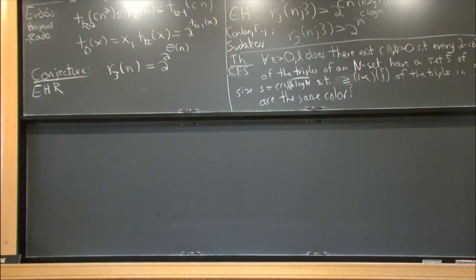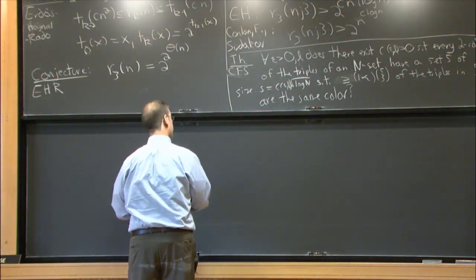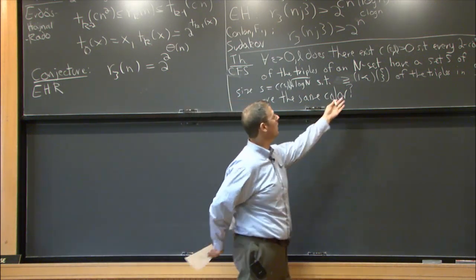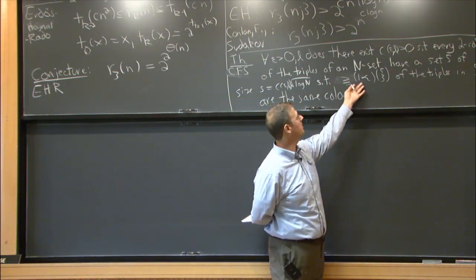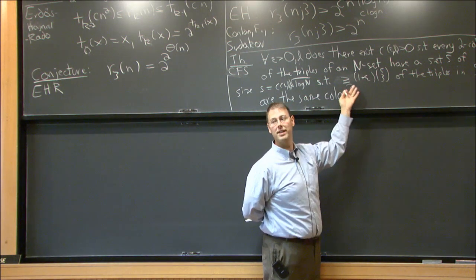But before I do that, I want to say a quick strengthening of this statement. Erdős wanted to know if you get a 1 minus epsilon fraction, can you find a particular hypergraph that you get monochromatically, rather than just a 1 minus epsilon fraction?